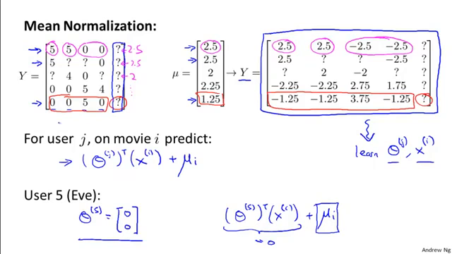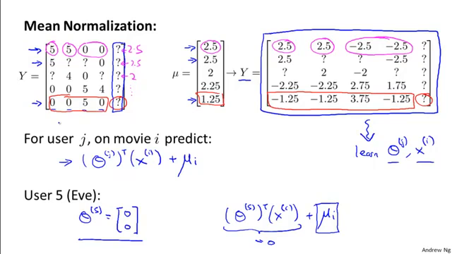Finally, as an aside, in this video we talked about mean normalization, where we normalize each row of the matrix Y to have mean 0. In case you have some movies with no ratings, which is analogous to a user who hasn't rated anything, you can also play with versions of the algorithm where you normalize the different columns to have mean 0 instead of normalizing the rows, although that's maybe less important, because if you really have a movie with no ratings, maybe you just shouldn't recommend that movie to anyone anyway.